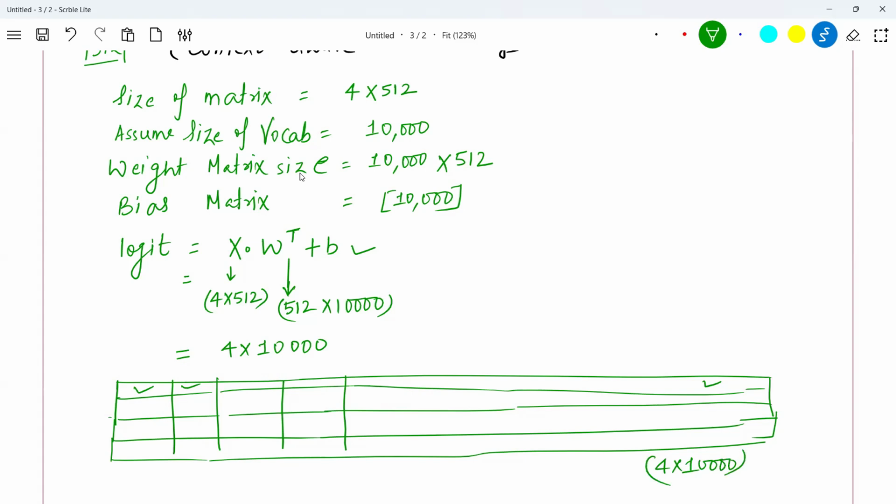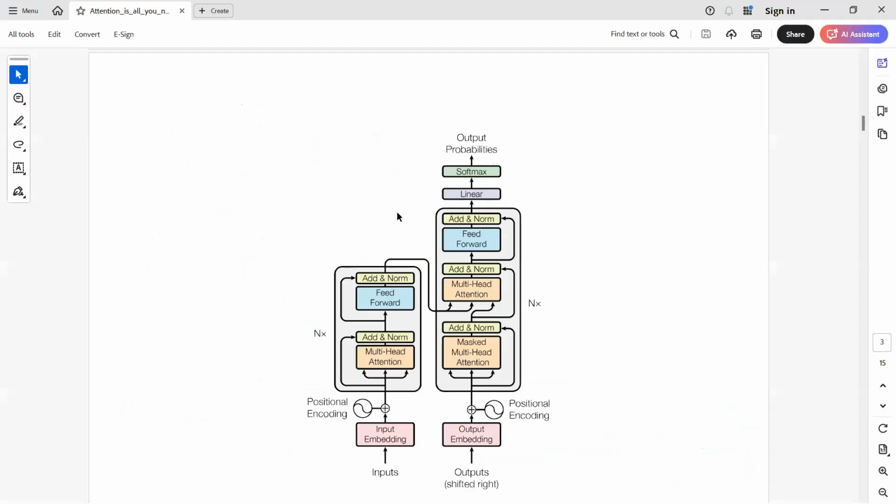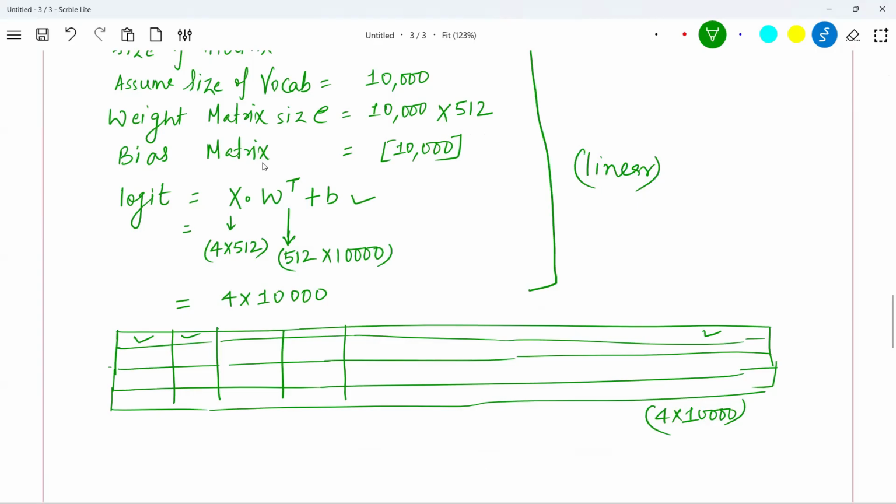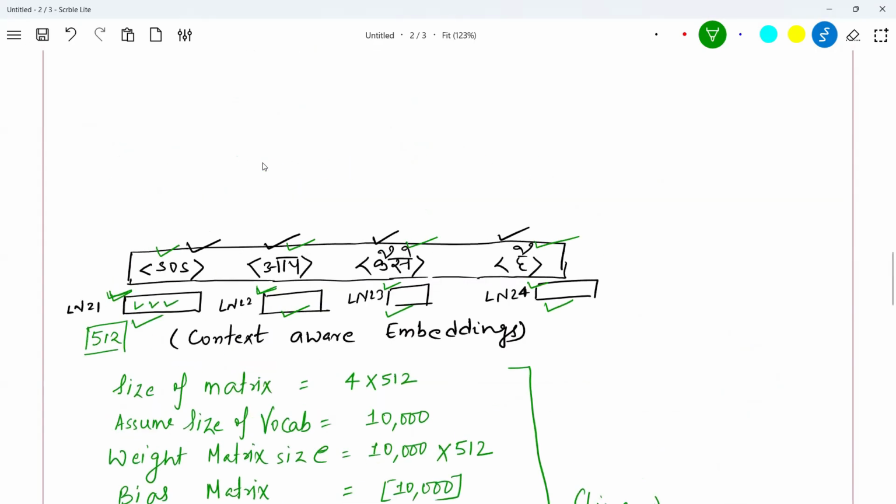This process that you have done till now is called the linear layer, or applying a linear transformation, and that linear layer is written in the architecture right here. Once you pass through linear, for all the tokens, you started from ln21, ln22, ln23, ln24, right?